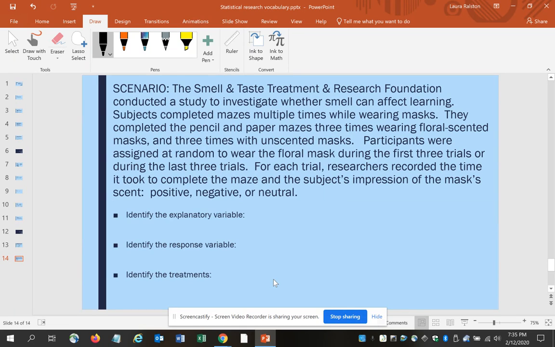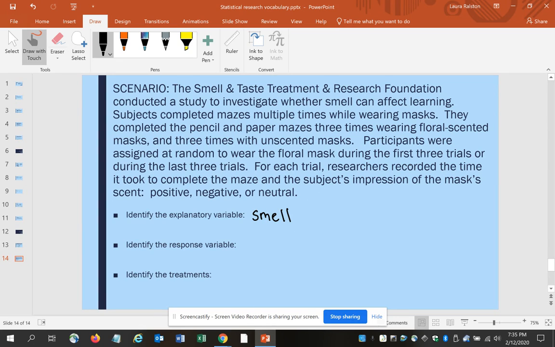So again, we want to think about what our explanatory variable is. And again, we're thinking about, does smell affect learning? Our explanatory variable here is the thing that we're manipulating, the thing that we're changing, which is really the mask, but what we're changing about the mask is the smell.